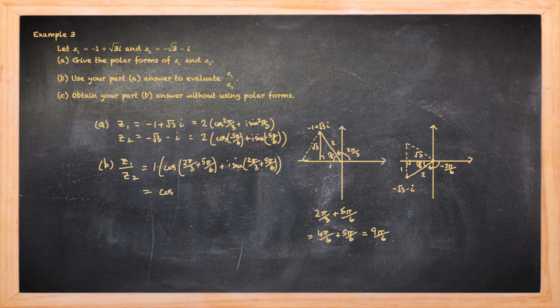So if we take away 2 pi from that, which is 12 lots of pi upon 6, we'll end up with -3 pi upon 6 for the principal value of the argument, and that's -pi upon 2.